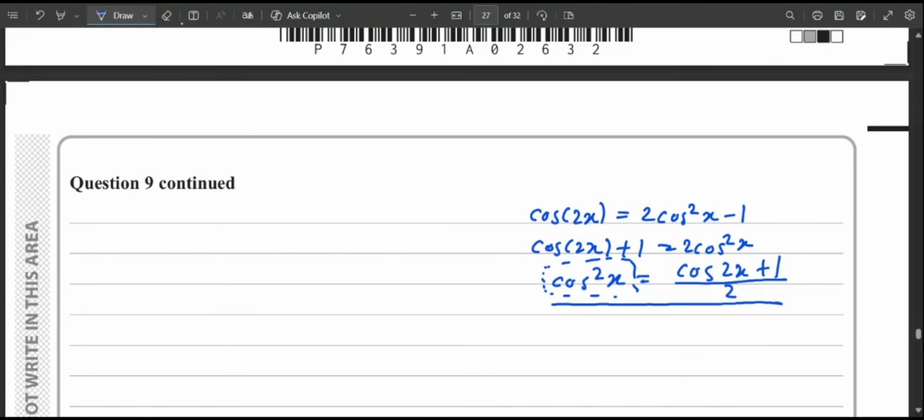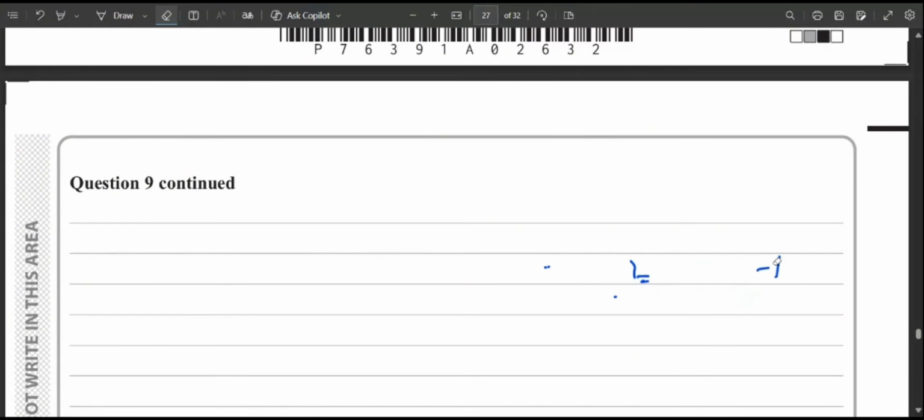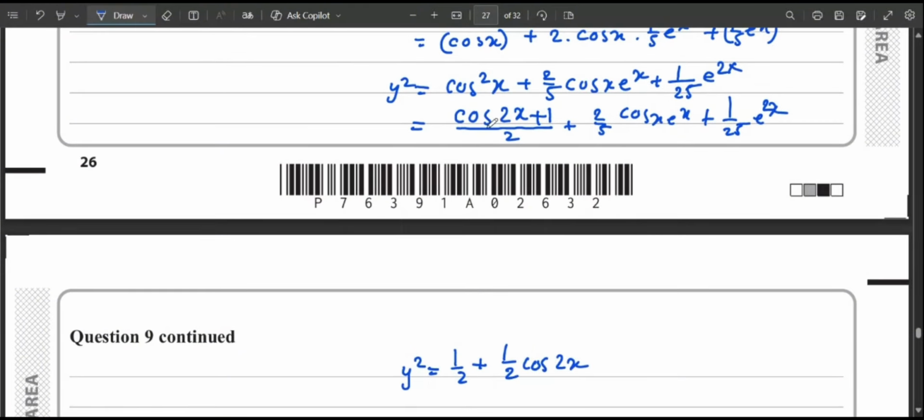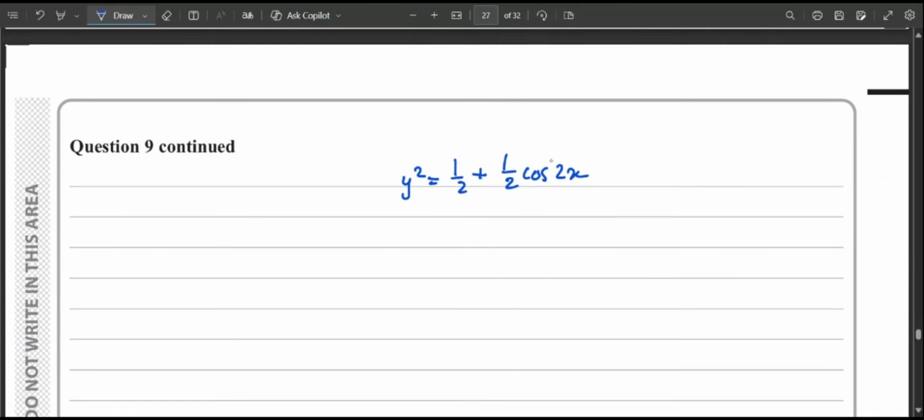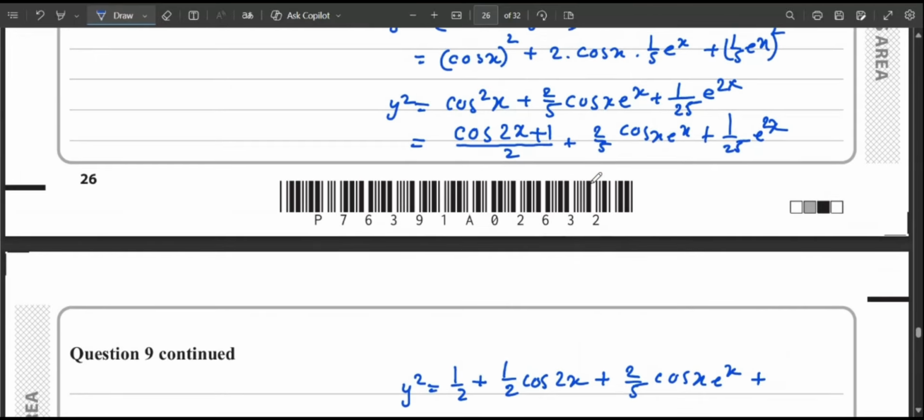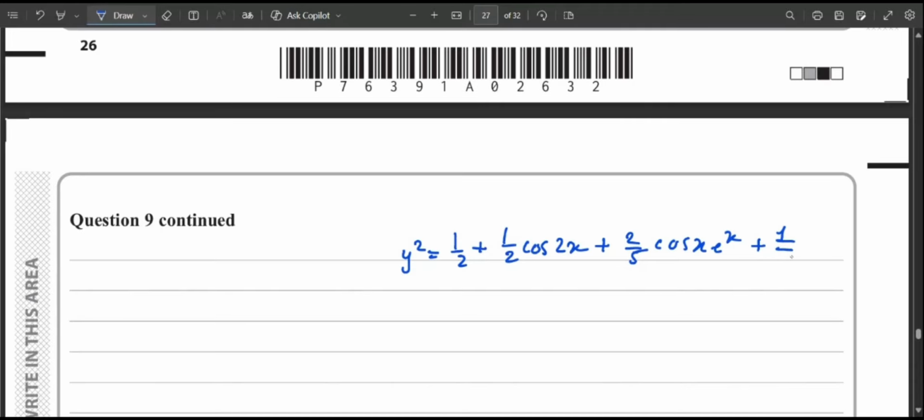Ultimately, the simplified equation for y square is equal to half plus half cos 2x plus 2 by 5 cos x e to the power of x plus 1 by 25 e to the power of 2x. We are separating out the cos 2x plus 1 divided by 2 terms.